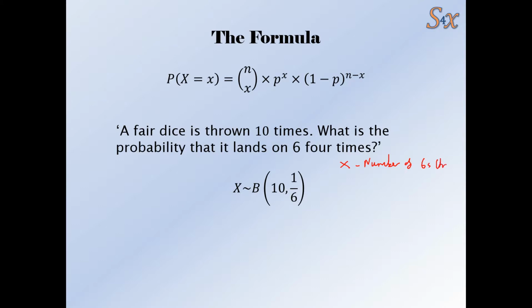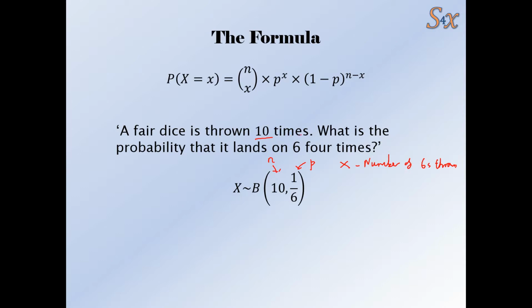So we're saying the number of 6s thrown is binomially distributed with, remember the first number is n, n is 10, there's 10 trials here, and with a probability of success, and the success is getting a 6, of 1/6. So that's p, our probability of success.